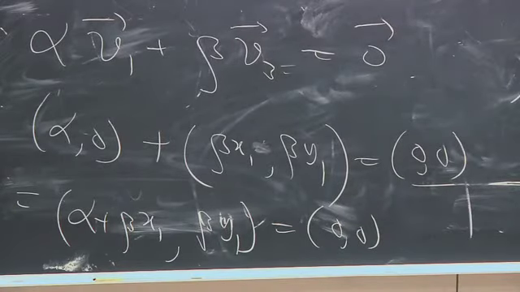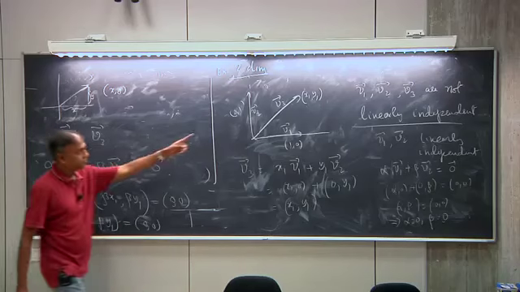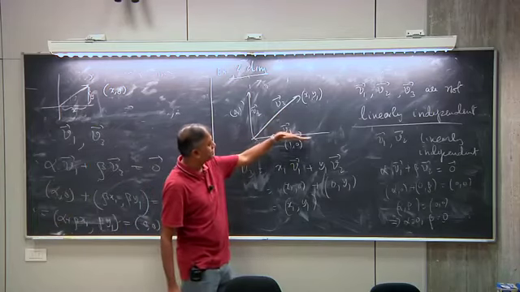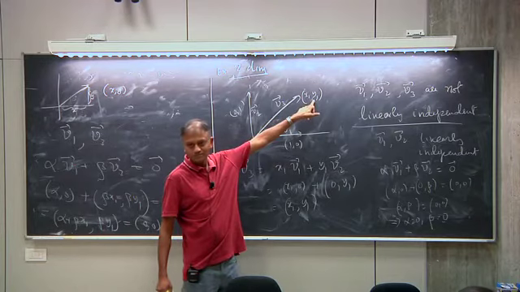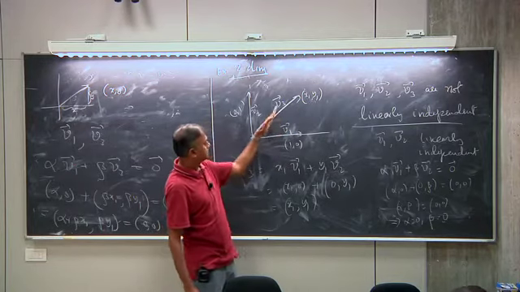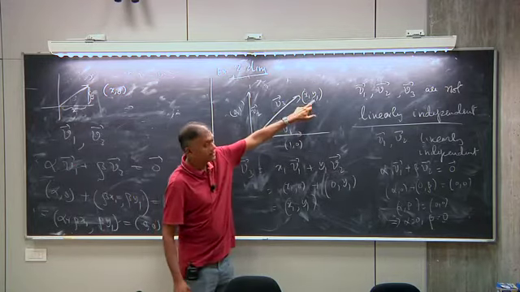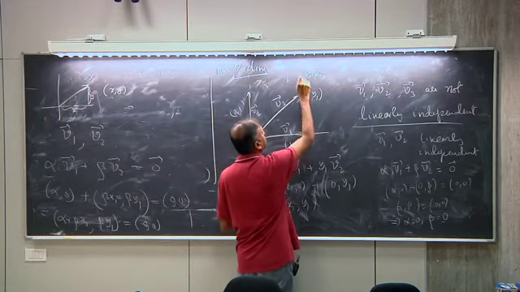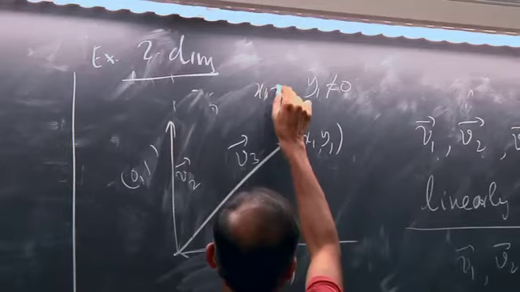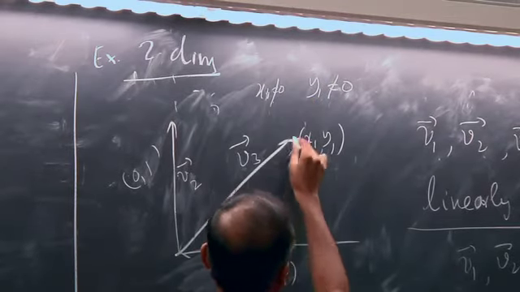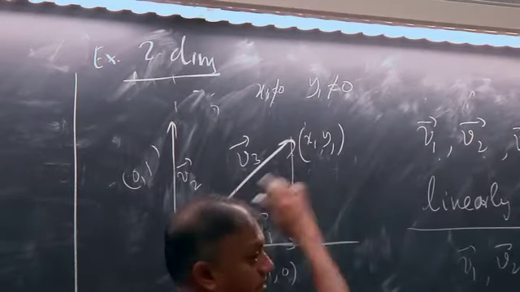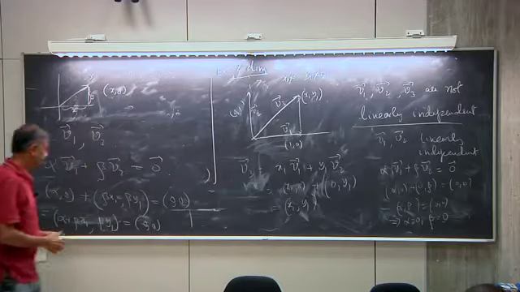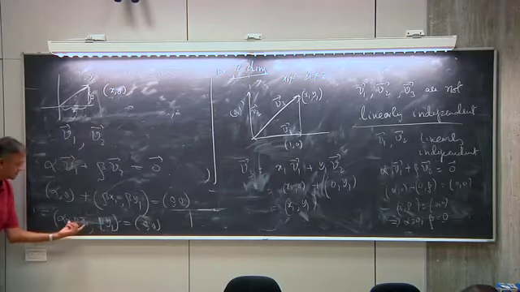Now I want to solve for alpha and beta. I'm assuming that V3 is not parallel to V1, so y1 is certainly not 0. And actually in this picture even x1 is not 0, because it has non-zero components both ways.